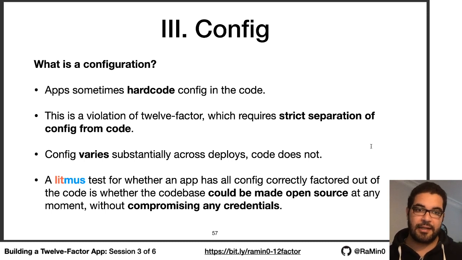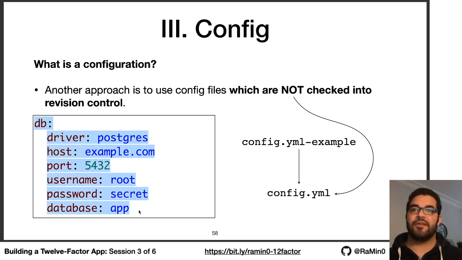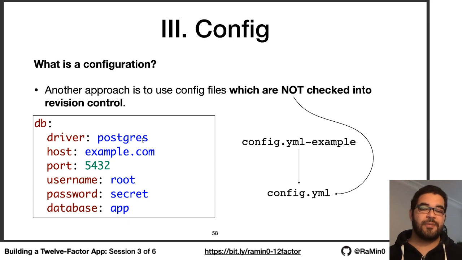So one example of handling configuration is to use what we call configuration files. In this example, we have a file called config.yml, and yml is just an extension for a file format that lays out the values as we can see on the left here, where we see the key on the left and its value on the right. So it's basically a set of keys and values.